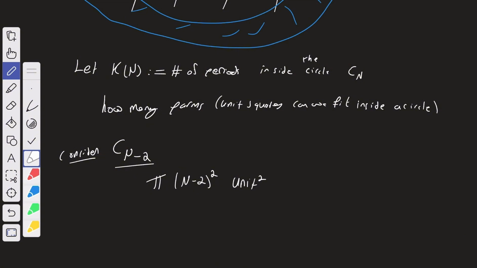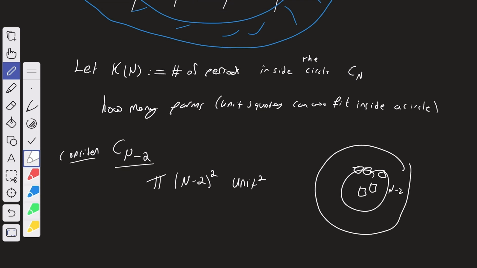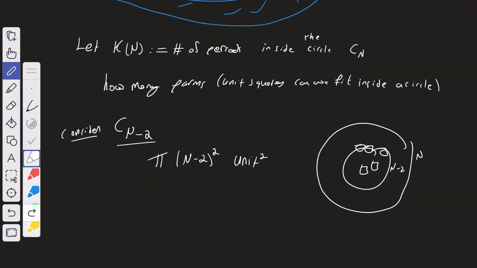Well, what does that mean? This means if we have this circle and we keep covering it by these unit squares, if we consider all of these unit squares and we move a bit, so this is n minus 2, and if we move a bit to the circle of radius n, this circle is going to contain all of these unit squares. And each of these unit squares actually has 4 vertices, right?